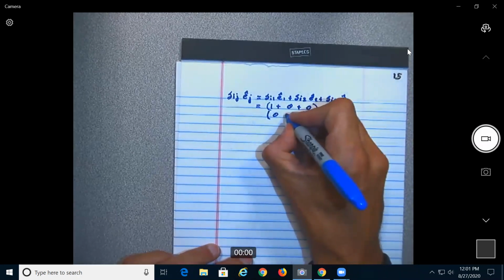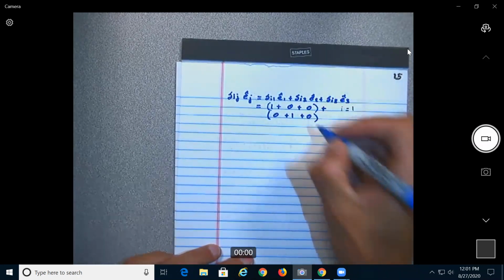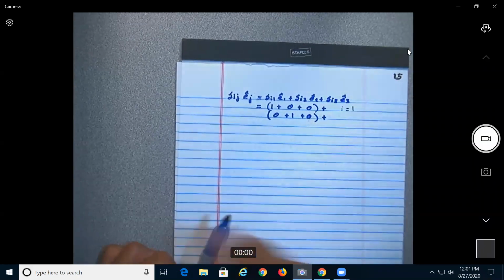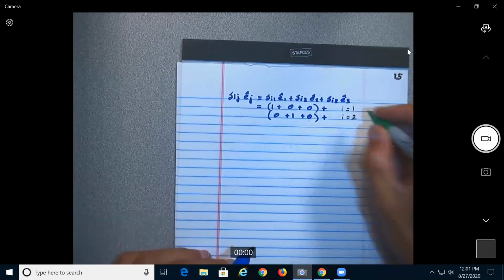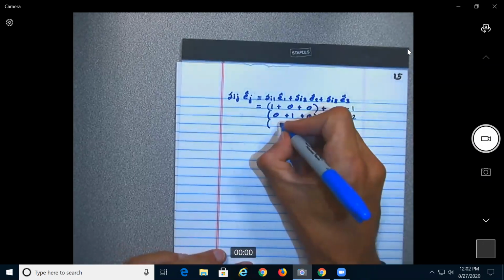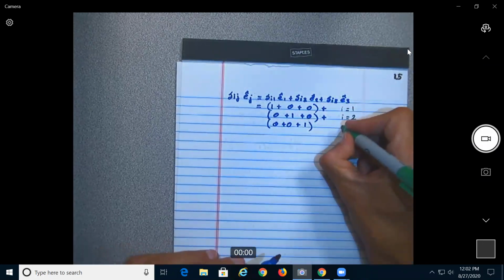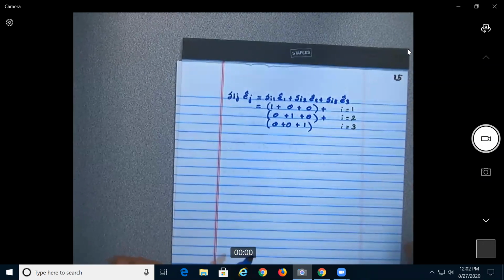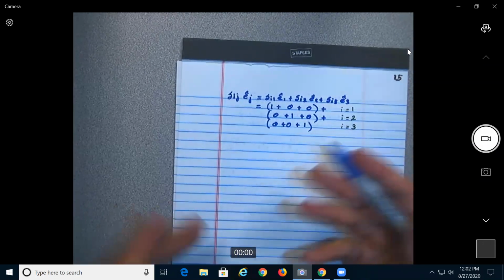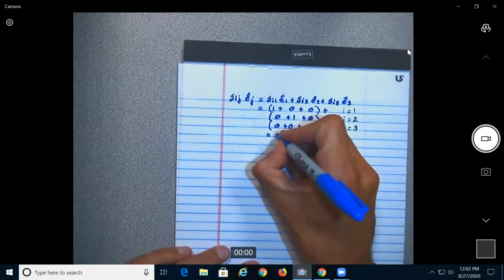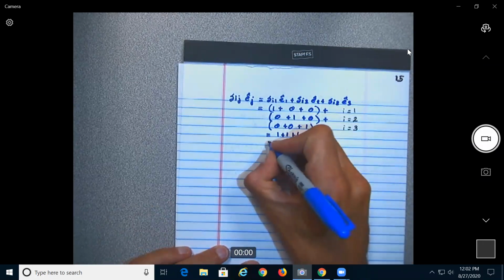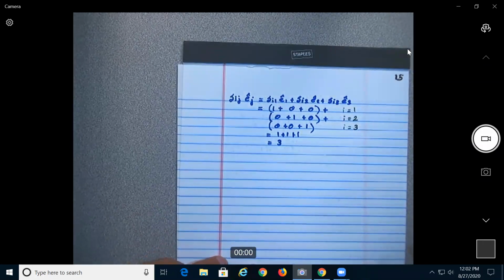You will have 0 plus 1 plus 0, no? And then here you have what? 0 plus 0 plus 1 if i was equal to 3. Okay? So really, at the end, this is equal to what? 1 plus 1 plus 1 is also equal to 3. Yeah? Okay, so different notation, no?